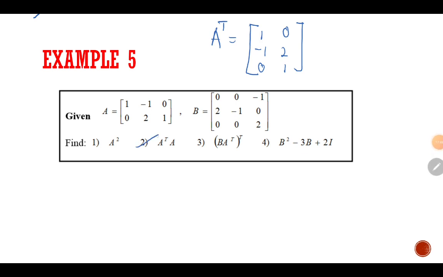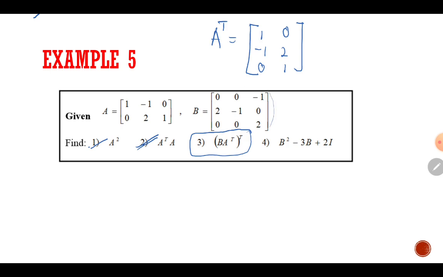Okay, we done number 1. Number 2, number 1 pun kita dah discuss. Untuk nombor 3 ni, I want you to do as your classwork submission. Okay, example 5, number 3, saya nak you all buat and submit dekat e-learn macam you buat last week. Yang ni saya rasa sepatutnya tak ada masalah lah. B darab dengan A transpose.